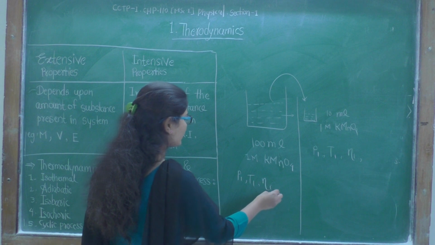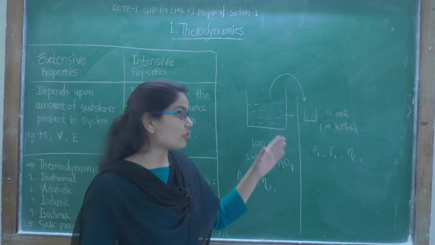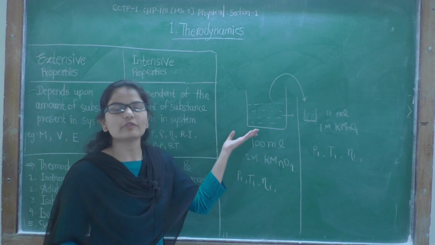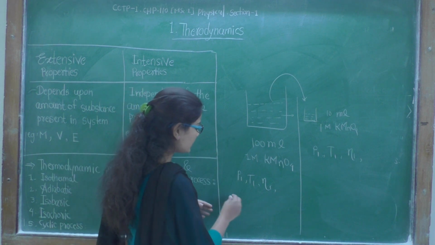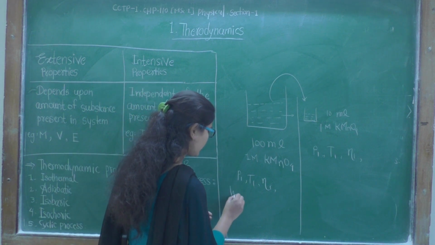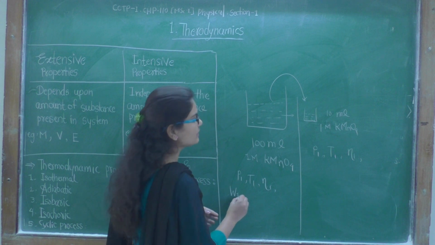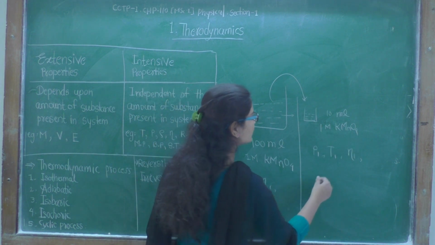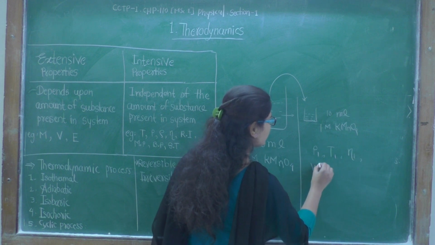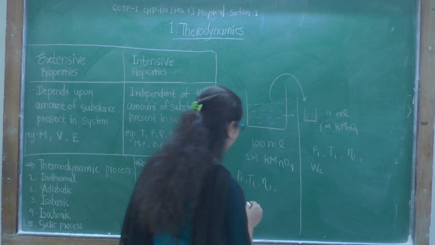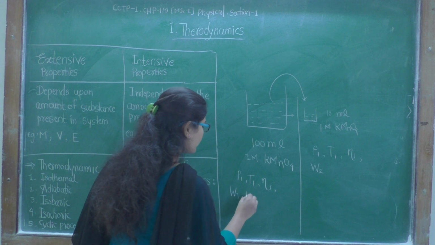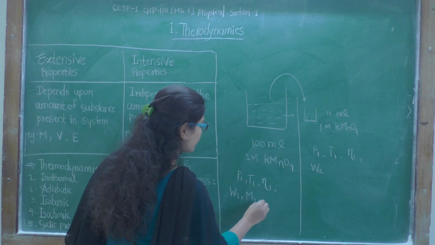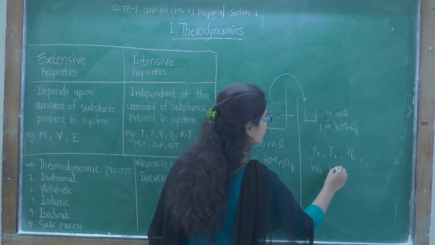Now if we measure the weight of this beaker full of KMnO4 solution, we'll find it different. It will be W1, but here the weight will be decreased, so W2. Accordingly mass will also change, M1, M2.